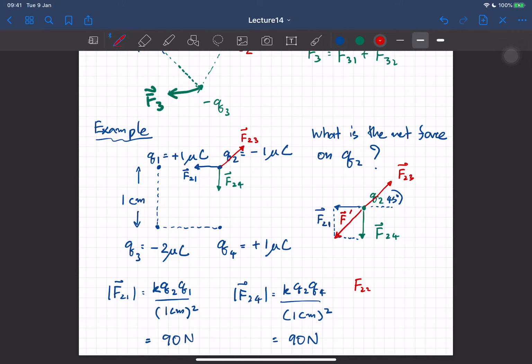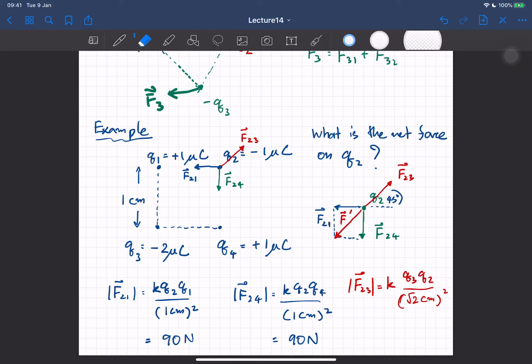So let's just calculate F23, which is equal to K Q3 Q2 divided by, it's not 1 centimeter anymore, right? Because it's this distance here. And it's longer than 1 centimeter. It's actually square root of 2 centimeters from simple geometry.